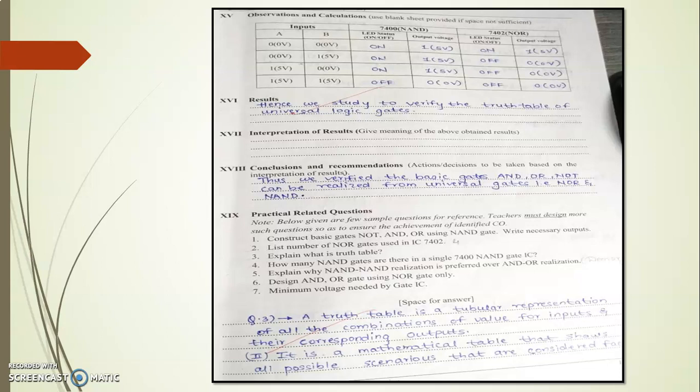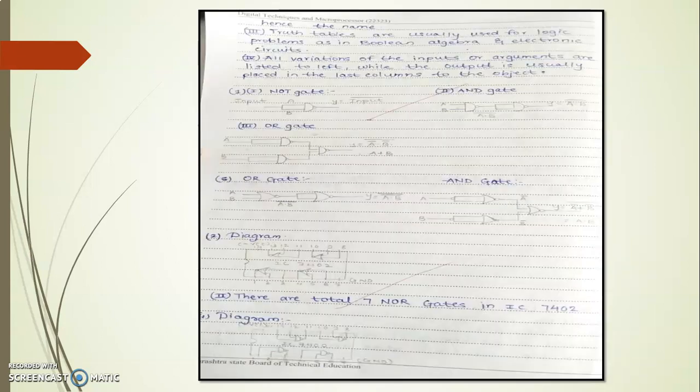What is a truth table? A truth table is a tabular representation of all combinations of values for inputs and their corresponding outputs. So we can consider the basic gates, as you saw in a previous practical. It is a mathematical table that shows all the possible scenarios that are considered. Truth tables are usually used for logic problems, as in Boolean algebra expressions and electronic circuits.